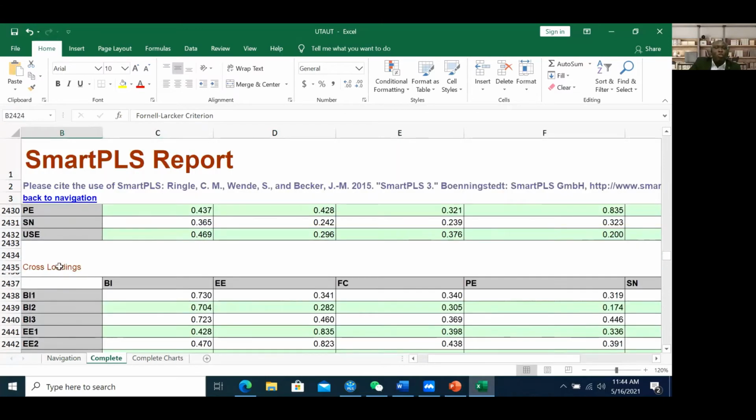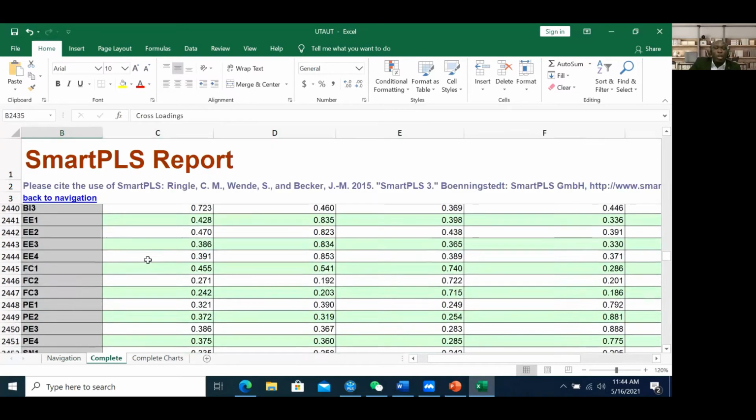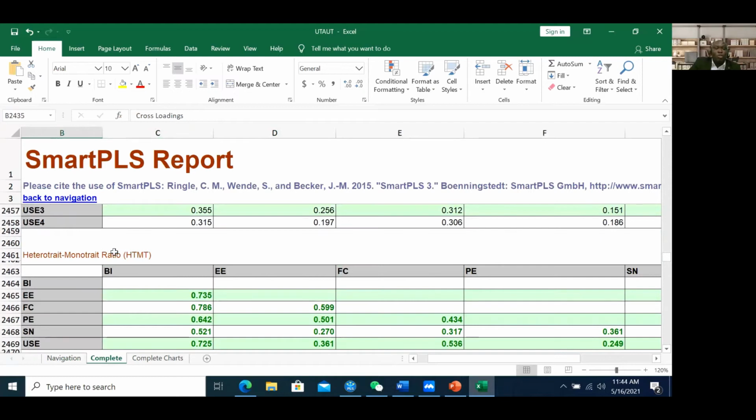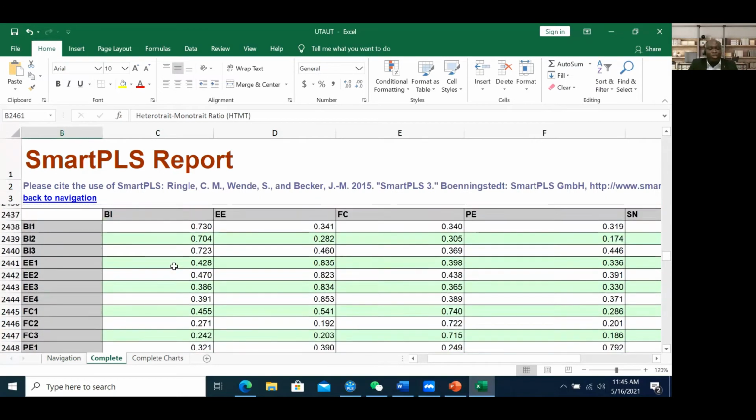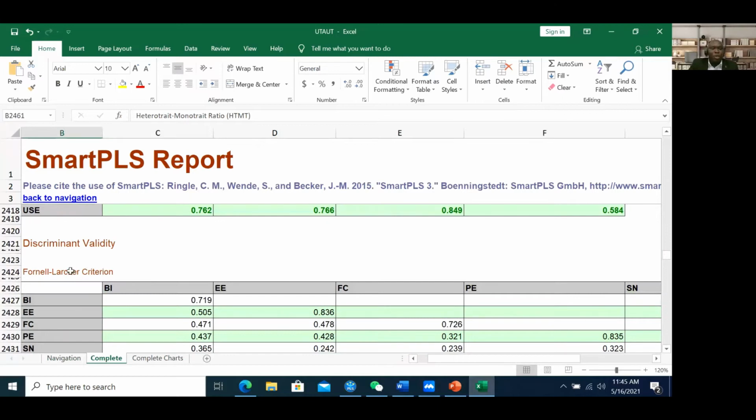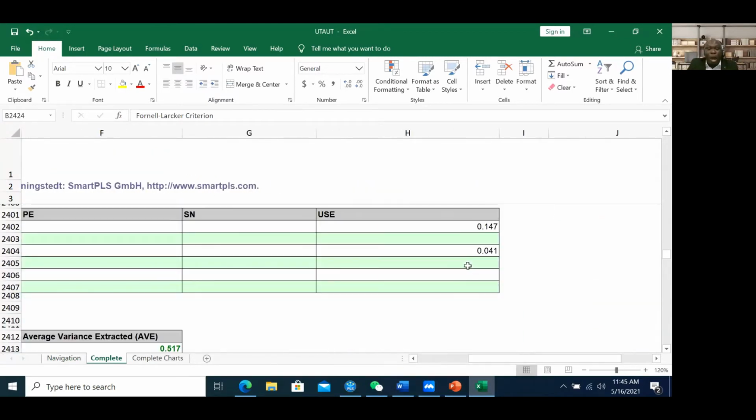You're also going to use the cross loadings and the HTMT, heterotrait-monotrait ratio. Those are what you use to assess discriminant validity. Okay. Good. So the Fornell and Larcker criteria, if you remember, we said that the square root of the AVEs has to be greater than their correlations with other constructs. And then we looked at how we can do that.